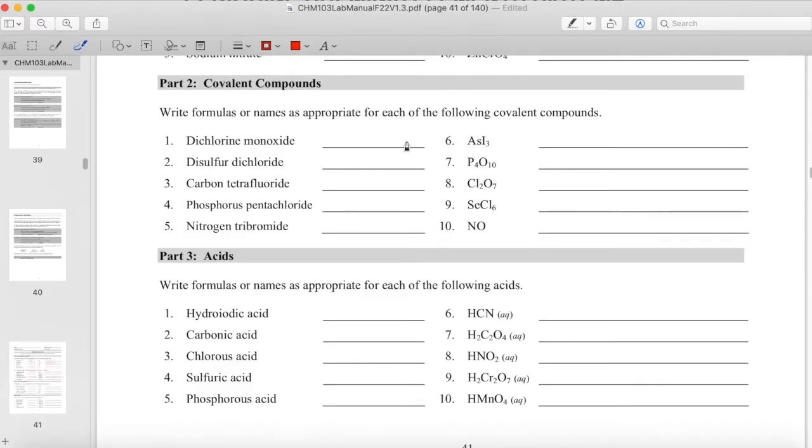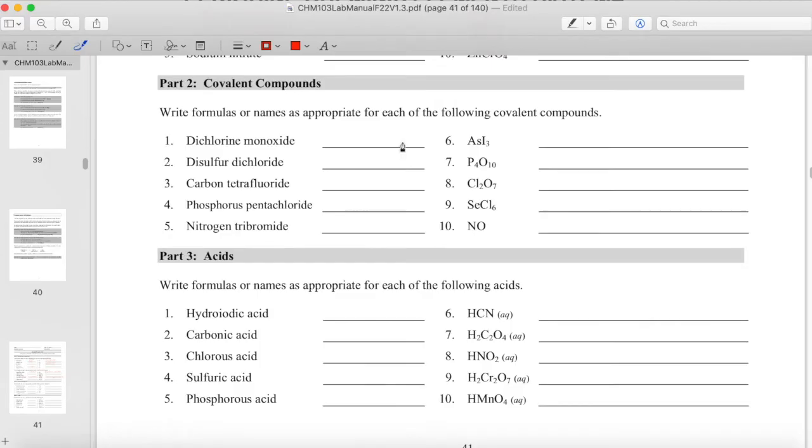But with covalent compounds, most students universally like them because all you've got to do is memorize your Greek prefixes, and there's no math involved. You have a very simple format for naming covalent compounds.